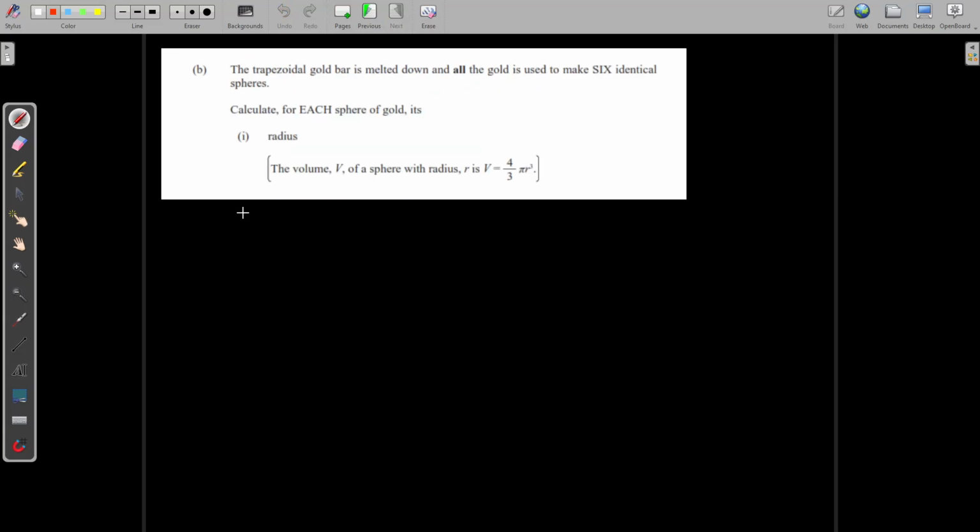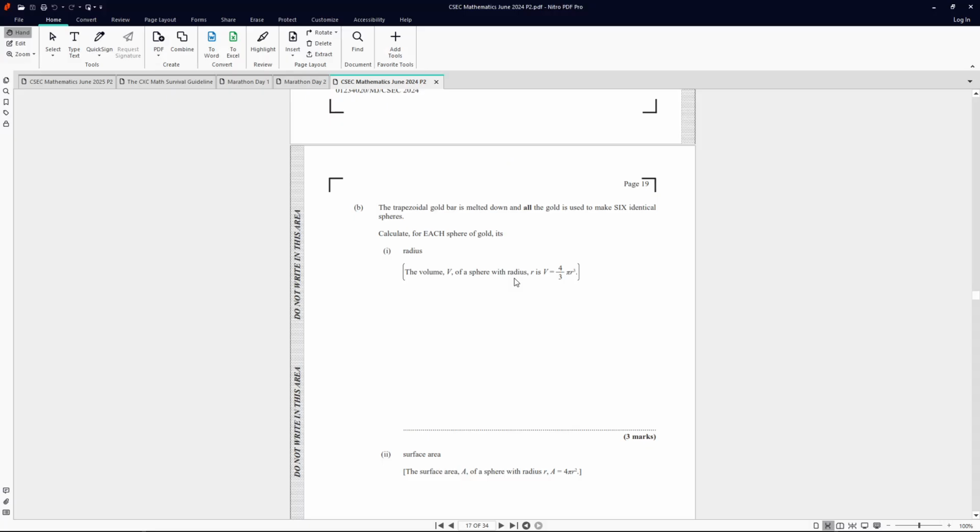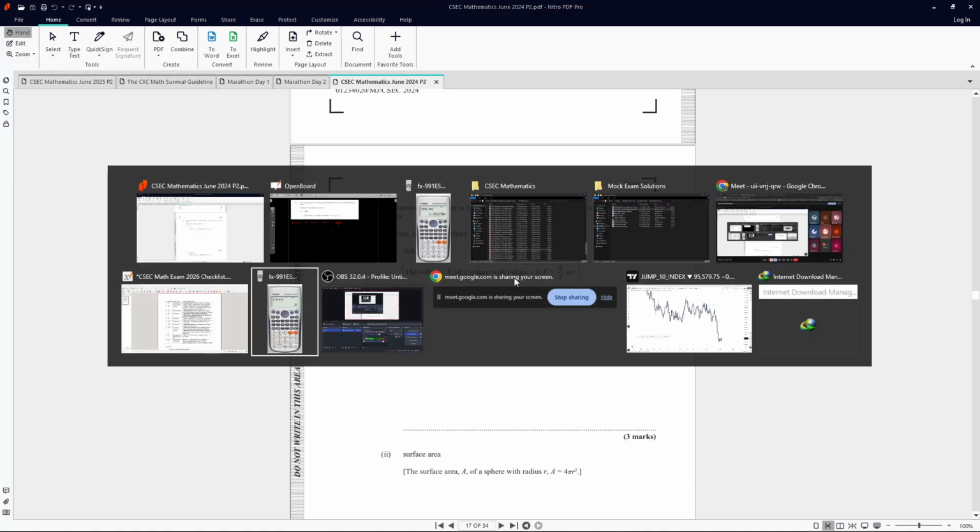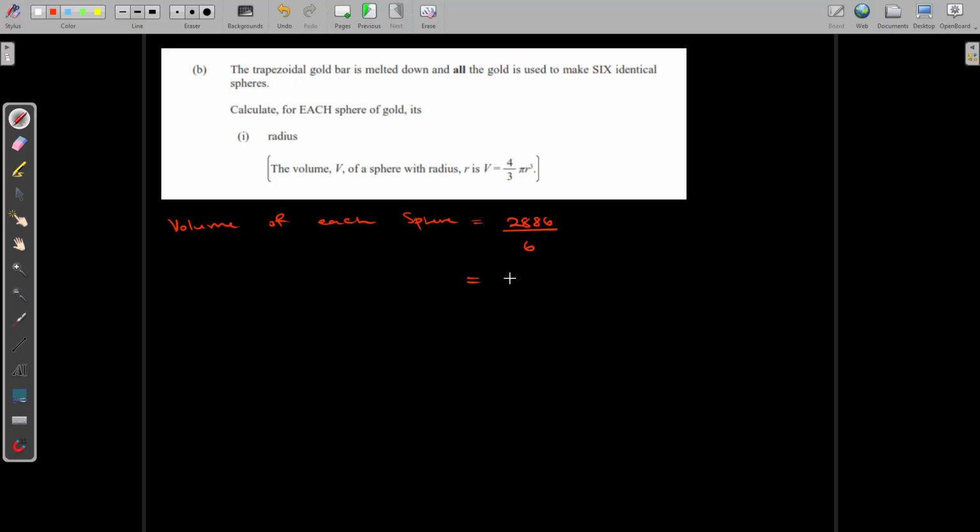So the volume of each sphere is equal to 2886 divided by 6, which is 481 centimeter cube. So this is going to be the volume of each sphere.